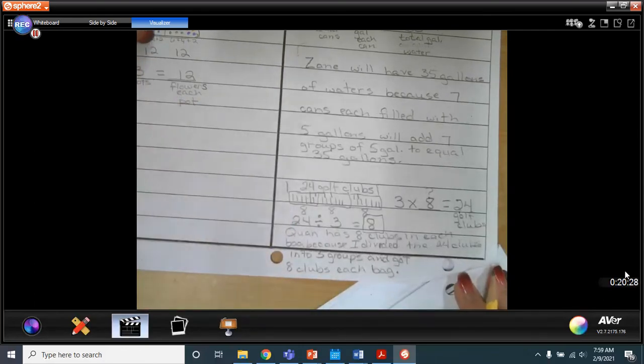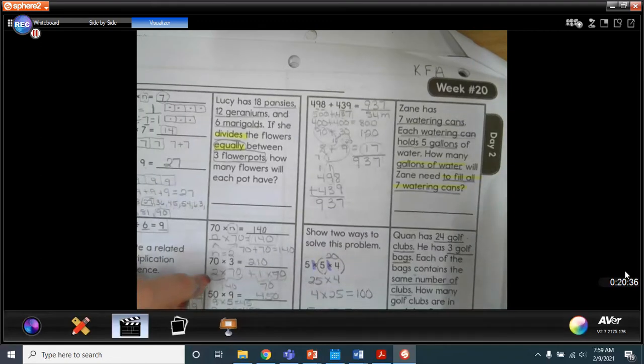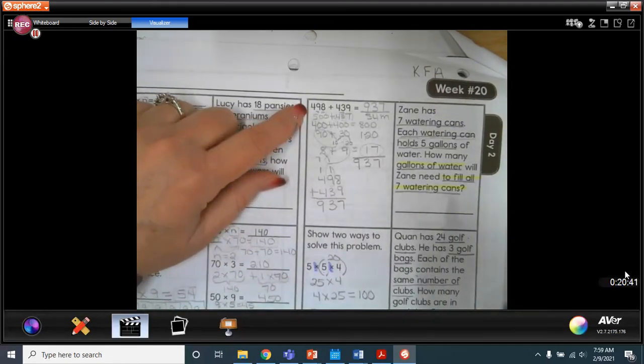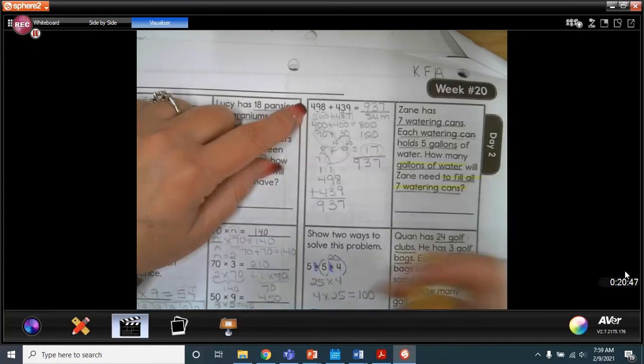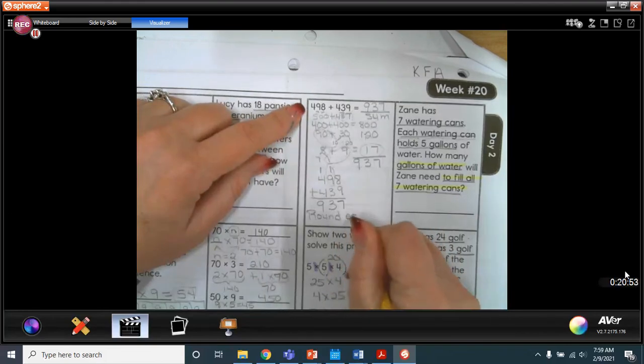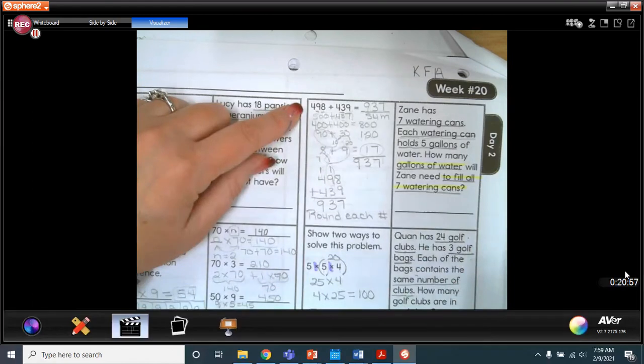All right, those are our problems for today. Now, in your discussion today, I would like for you to take the time to round this problem to the nearest 10 and then add. So, I'm going to say it one more time. You're going to round each number to the nearest 10, and then you are going to add.